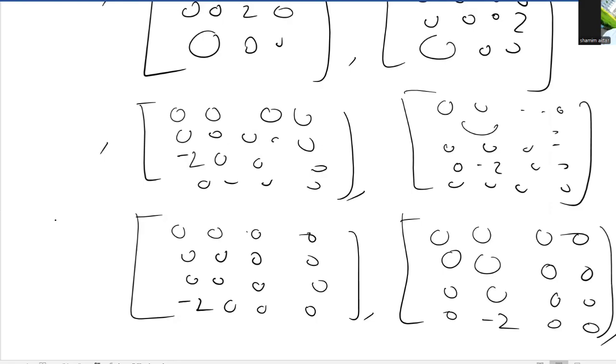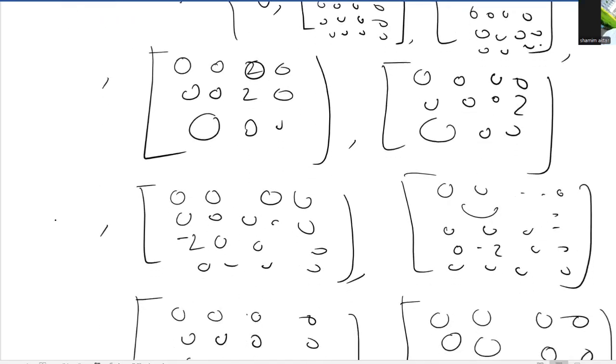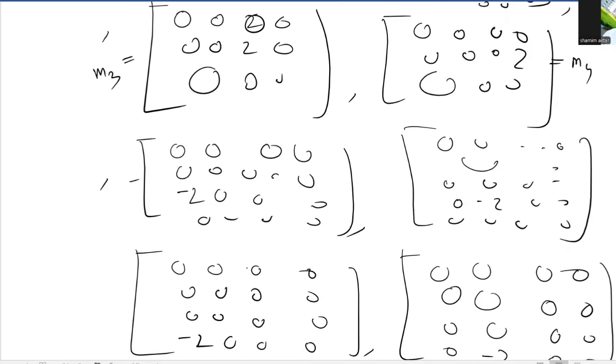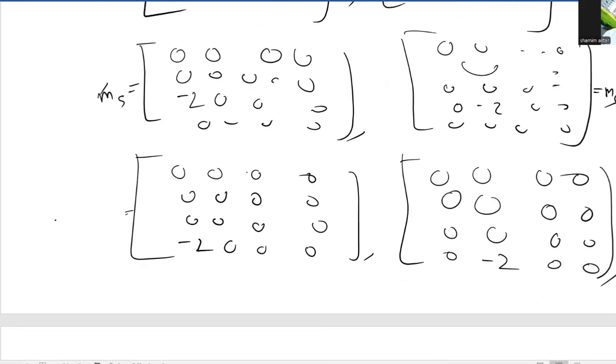Okay, spanned by this set, the range space. Okay, clearly we see that this element, suppose this is my b, here my M1, and this is M2, this is M3, this is M4, and this is M5 and this is M6 and this is M7 and this is M8.